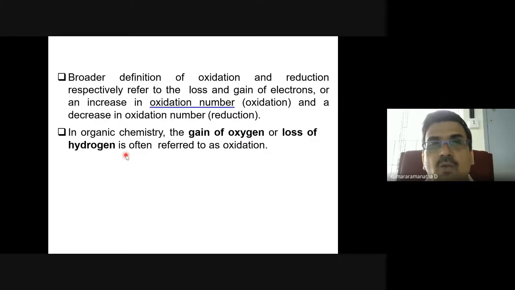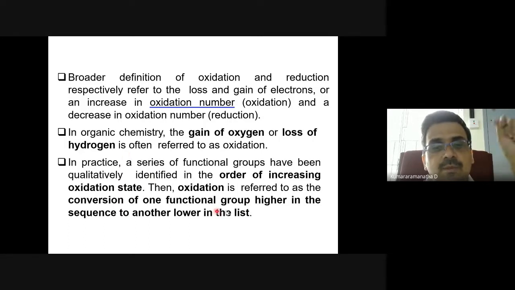Now, what about oxidation states? If you look at the functional groups of these molecules, you look at increasing oxidation state.